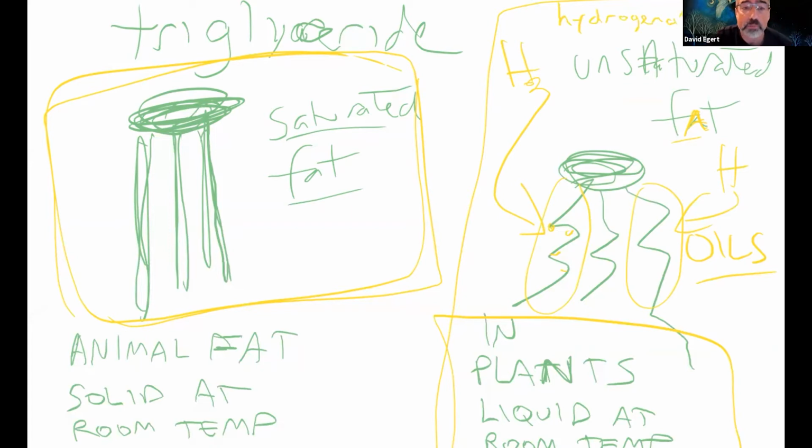Basically, this chemical process straightened out the tails, turned corn oil into margarine, right? Or took peanut butter that had separated into oil and peanut solids into just Skippy and Jif, creamy stuff that never separated.